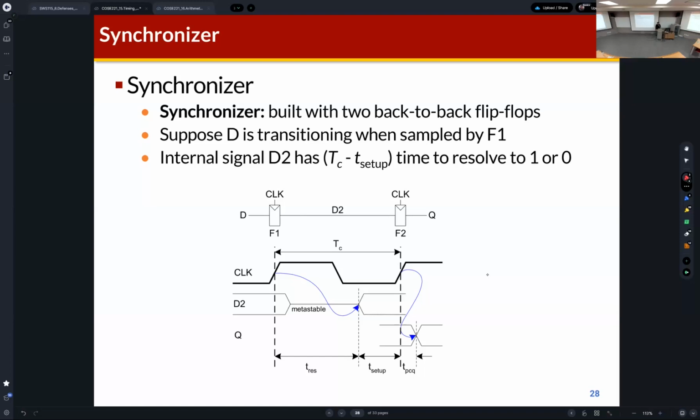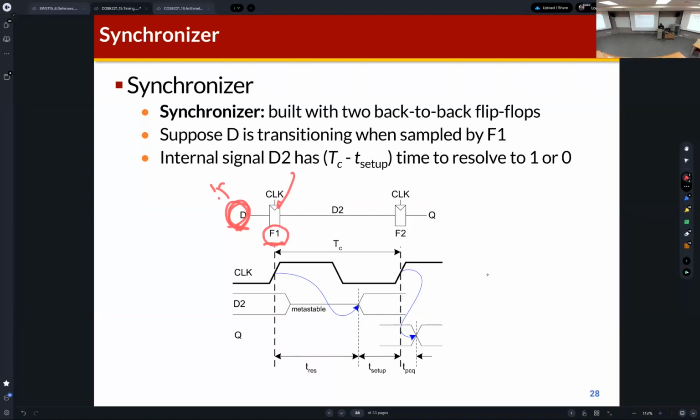Then how can we reduce the probability of the metastability? So this is the outer signal D, and this flip-flop F1 is connected to the outer port D. We don't know the exact timing of this D, so let us assume that the metastability is observed at this flip-flop F1.